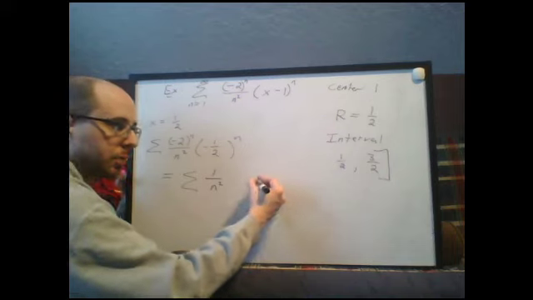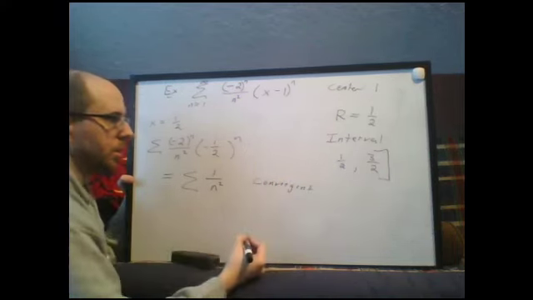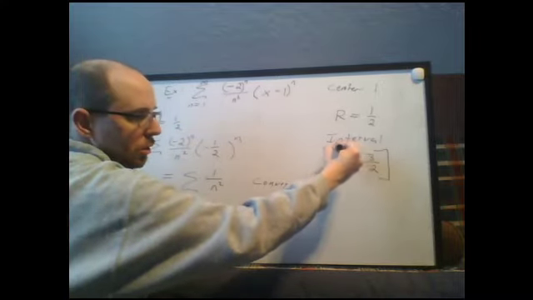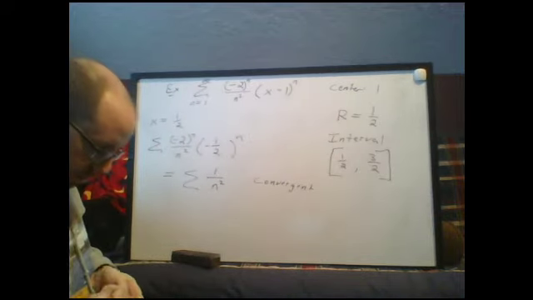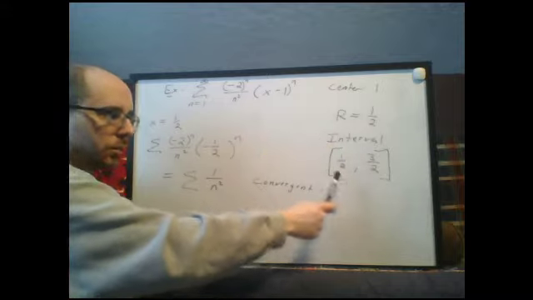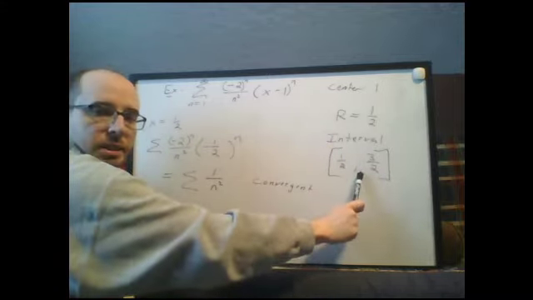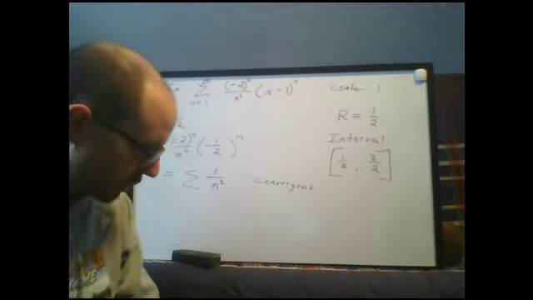This is still convergent. So x equals 1/2 also worked, so we also include it in our interval of convergence. So our radius is 1/2, our interval is 1/2 to 3/2. 1 is right in the center of that, and we included both endpoints for this one.